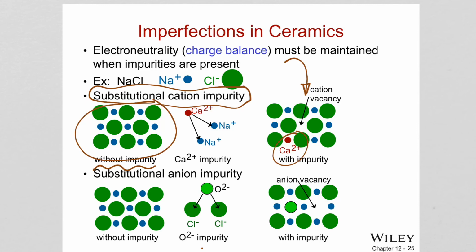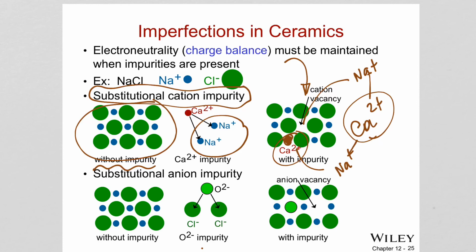One charge is missing, and another charge is actually missing here because there is no sodium, but it is replaced by 2 sodium ions replaced by 1 calcium. So this can happen only if 1 calcium goes to the sodium's place, replacing 1 sodium. So 1 sodium is missing here and 1 sodium is missing there. So therefore the presence of calcium replaces the 2 sodium. Okay, so this way the charge neutrality is preserved.